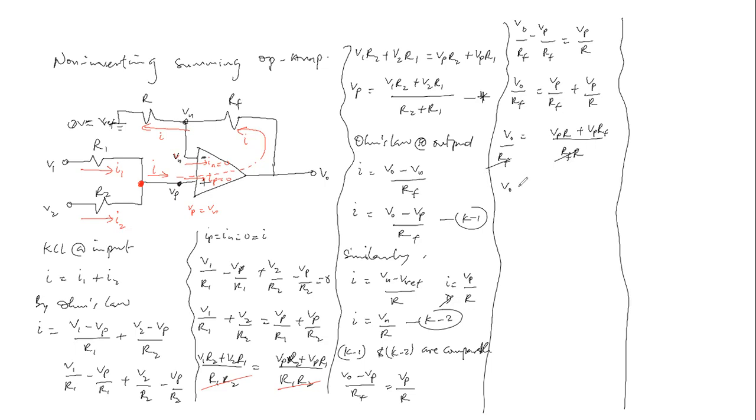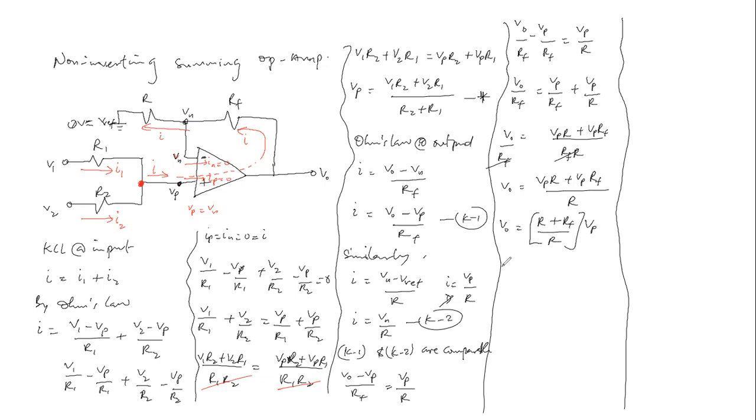So V0 is the same as V sub P R plus V sub P R sub F divided by R. This is the same as writing V0 as R plus R sub F divided by R, all enclosed, times Vp.